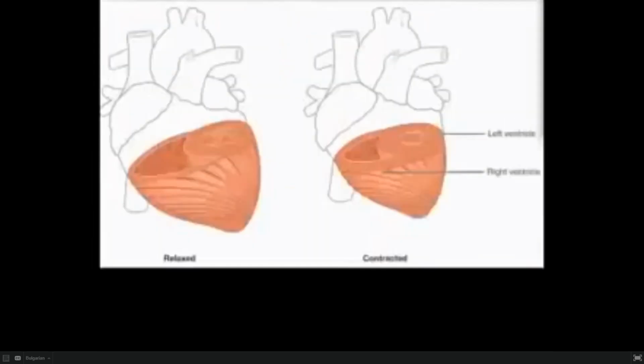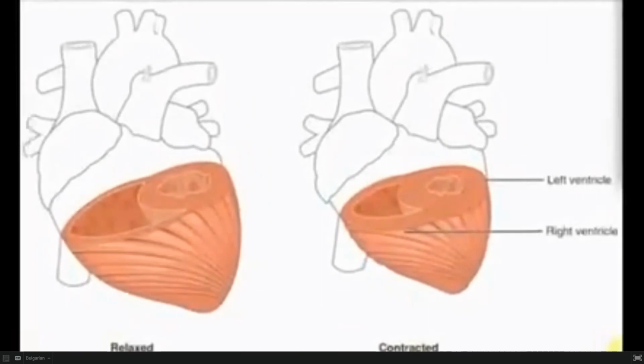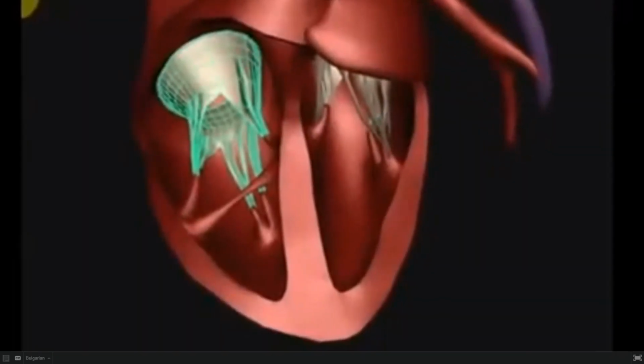Okay, so the 16th gives you the direction of the muscle inside of the chambers when they are relaxed and when they are contracted, how they look. And again it shows the spinning direction, how they spin and go around. This looks to me like the atrium.